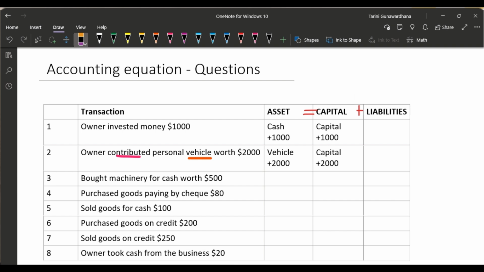Question number 3. Bought machinery for cash worth 500. Now, it's machinery that is bought. So that is an asset. Something that is controlled by the business and will lead to future economic benefits. So machinery is counted as an asset.